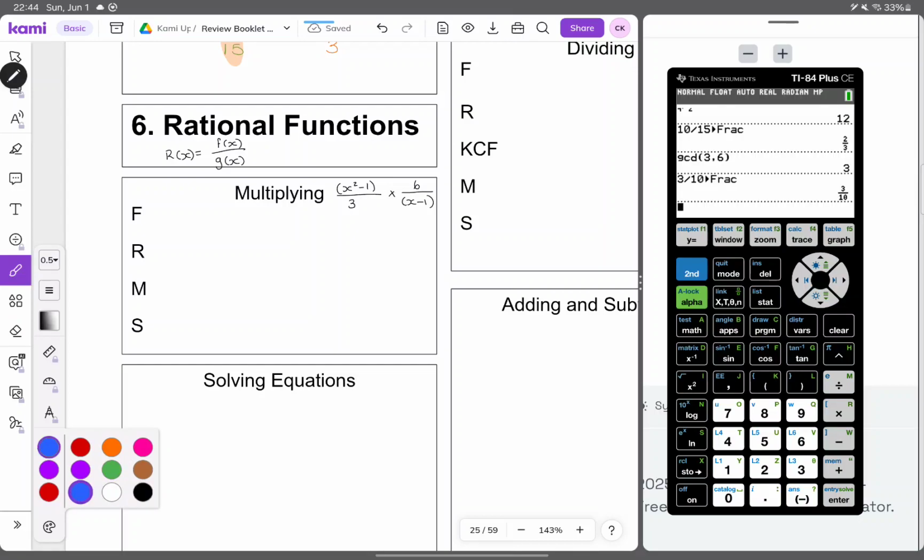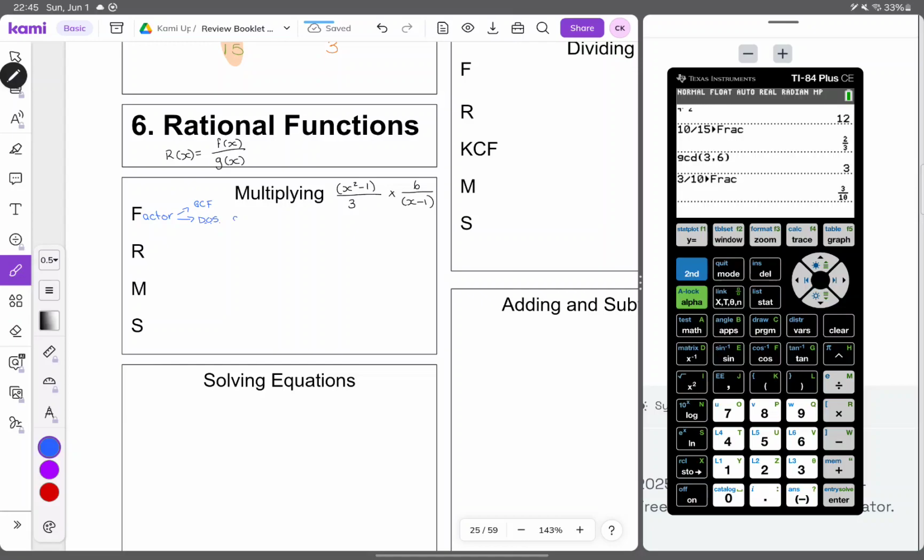All right, just like our simplifying, F stands for factor. So we're going to look for those GCFs, greatest common factors, and we're going to look for those difference of squares. So this one has a difference of squares.